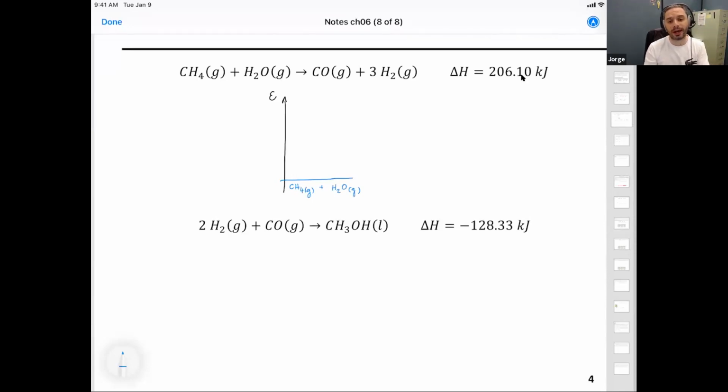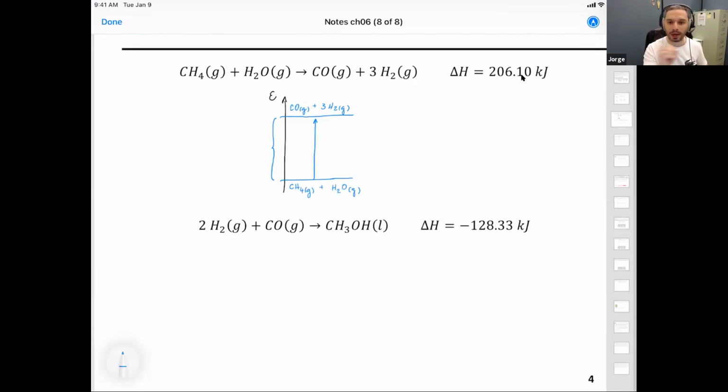We know that when delta H is positive, the system is moving towards a higher energy level. So let's put here an arrow, and then let's represent here the energy level of the products. And we know who the products are, so we are going to write them right here. When we measure the delta H, what we are measuring is the difference between the start and end of the reaction.